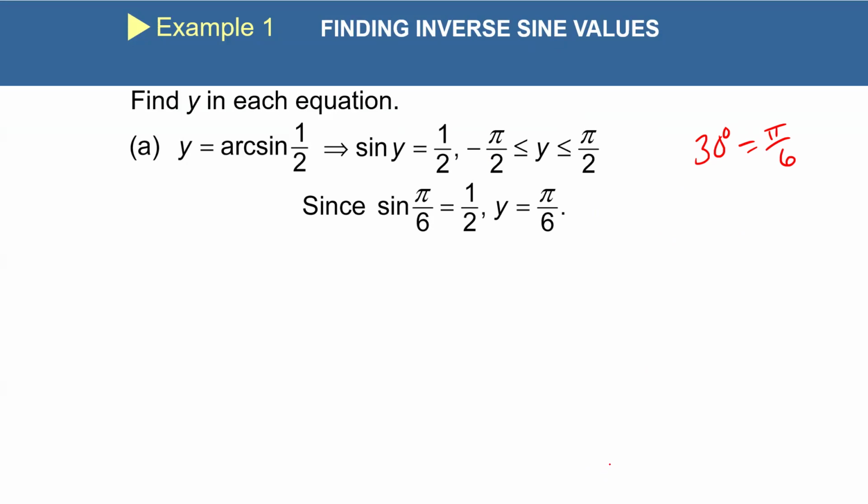If the assignment says radian value or degree value, you just need to be comfortable going in between. This one didn't specify. So our answer would be pi over 6. Does that make sense? We wouldn't use the 150 because does it fit in this interval? No.